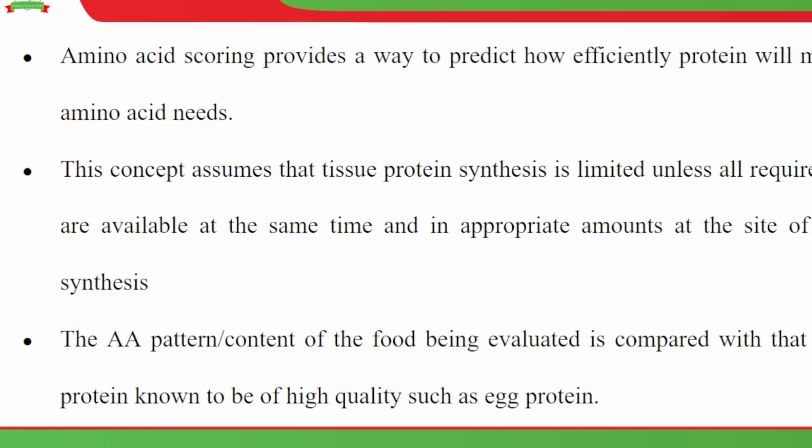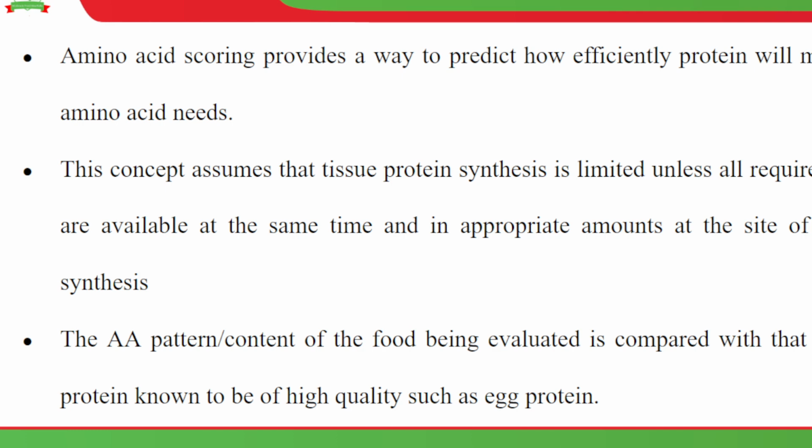So the amino acid content of a food being evaluated is compared with that of a reference protein known to be of high quality. For example, egg protein is one of the foods known to be of high biological value, meaning it contains all the essential amino acids that your body cannot make, and it will provide them. So you evaluate the amino acid content of one food and compare it to the reference protein.